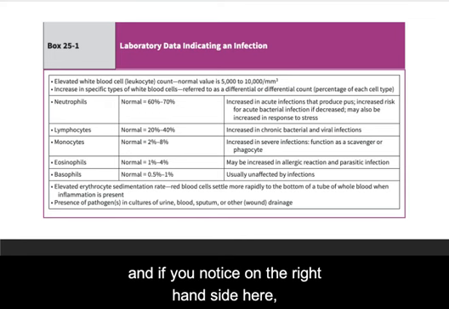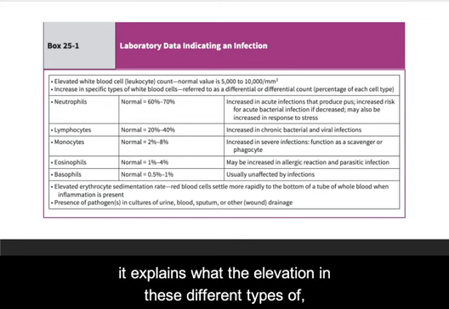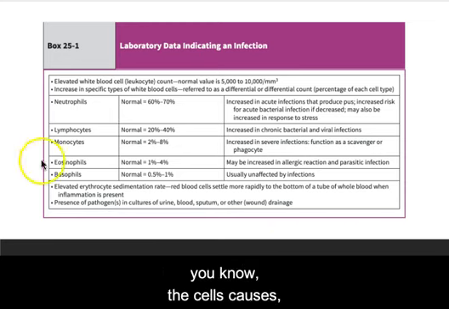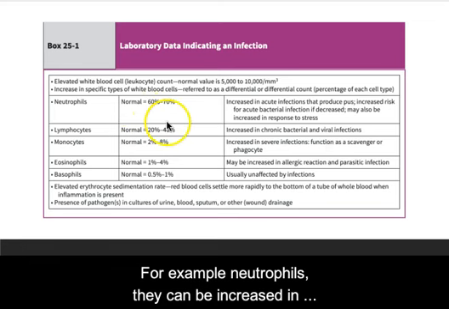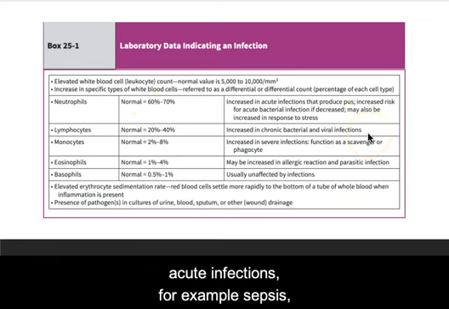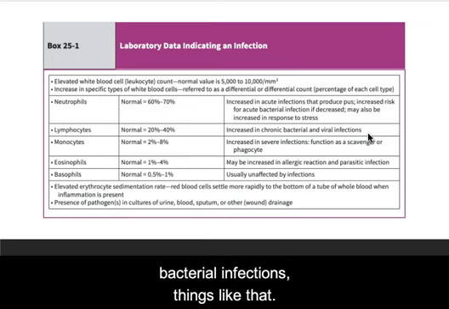And if you notice on the right-hand side here, it explains what the elevation in these different types of cells causes, why they could be elevated. For example, neutrophils can be increased in acute infections, for example, sepsis, bacterial infections, things like that.